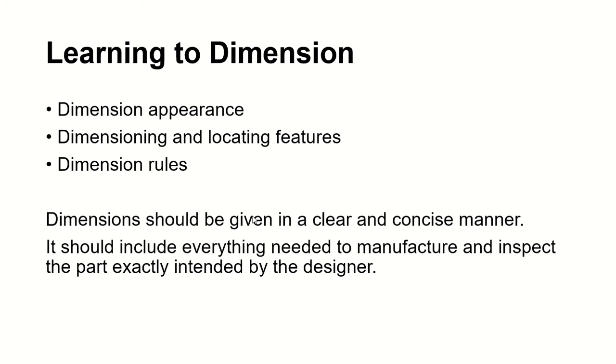We suppose you are a designer because you're learning how to draw. The most important thing is to make it clear and concise so they know what to manufacture from your drawing.